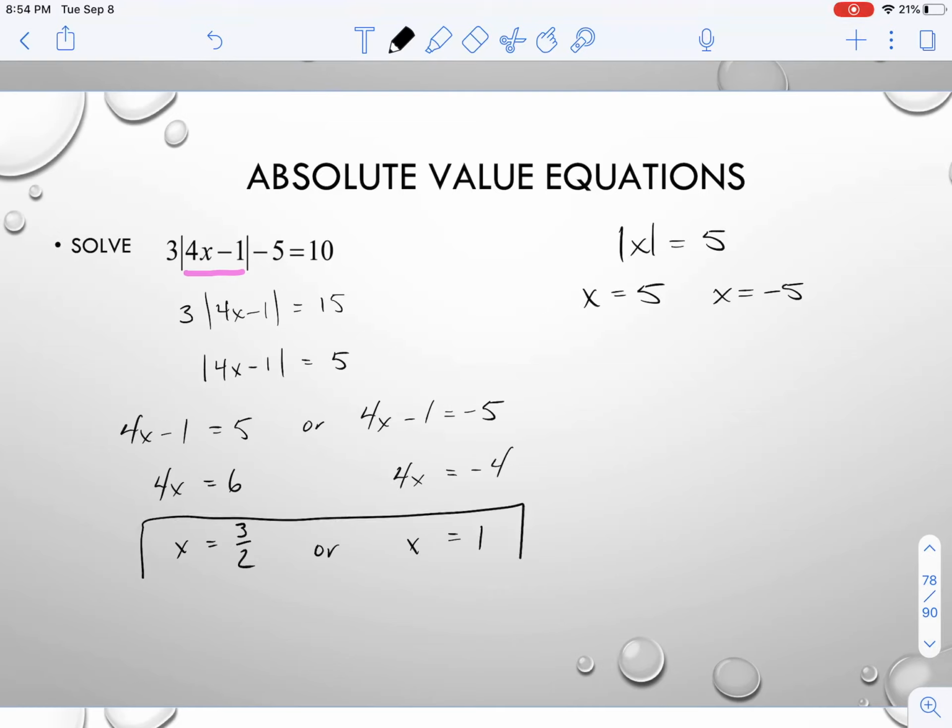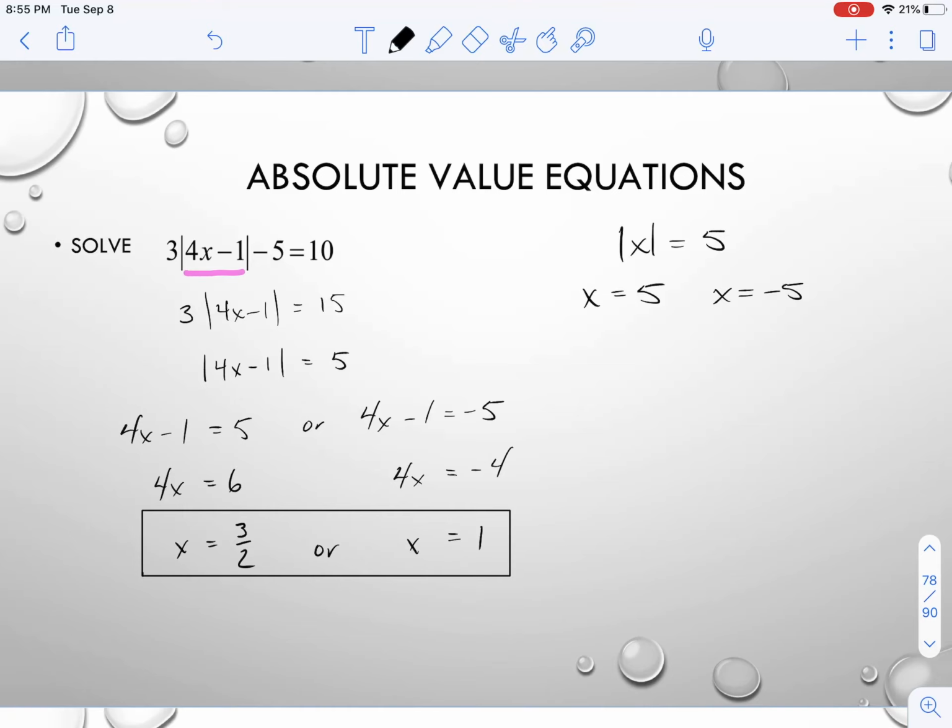So again, here I've got two solutions for my absolute value equation. Again, when we're dealing with absolute value, we're typically going to get two solutions unless there are some special cases that happen. If I end up with an absolute value that equals 0, I'm going to get the same solution twice.